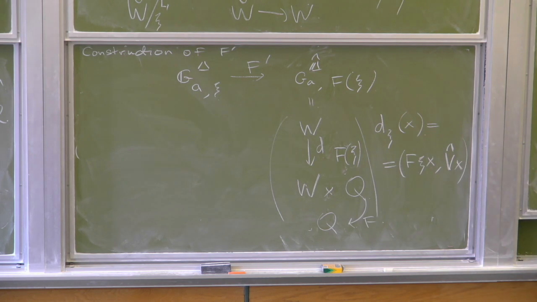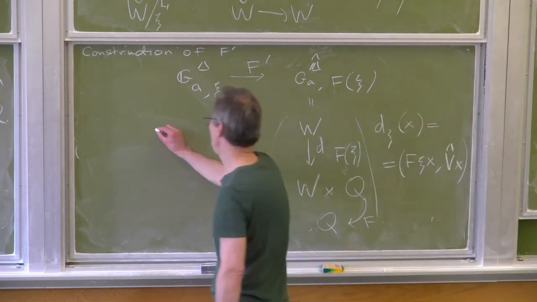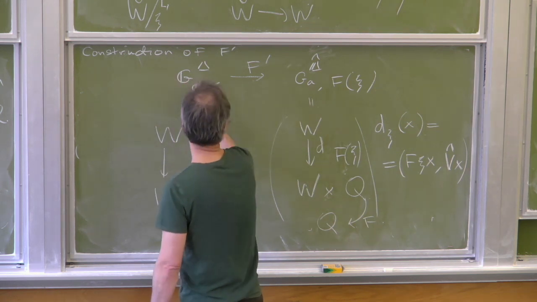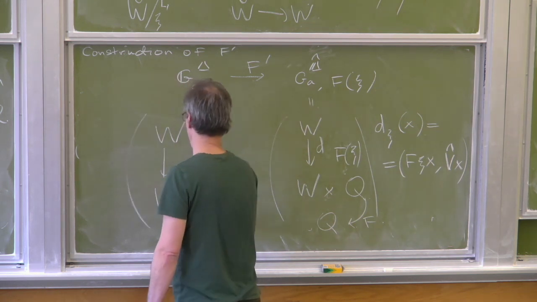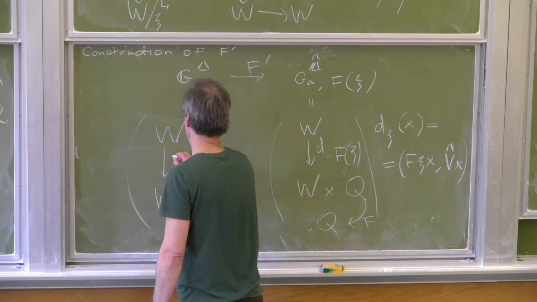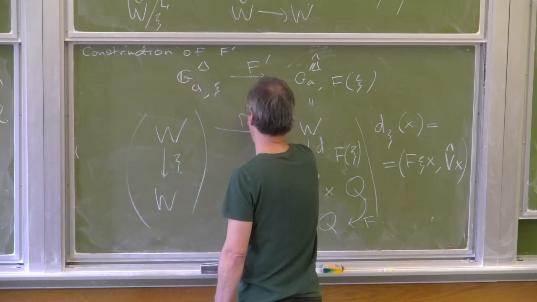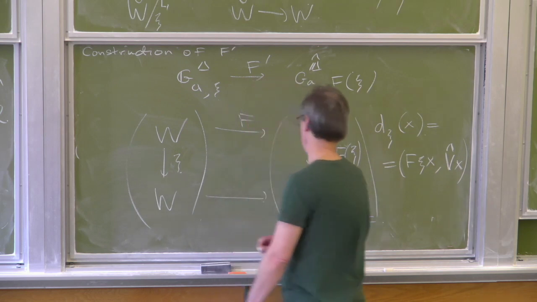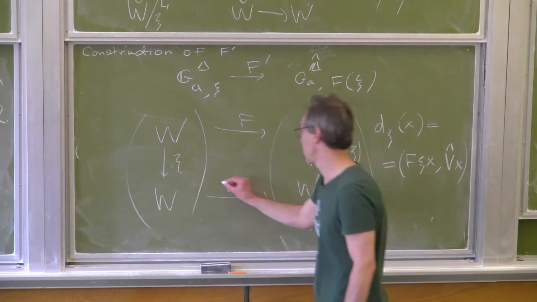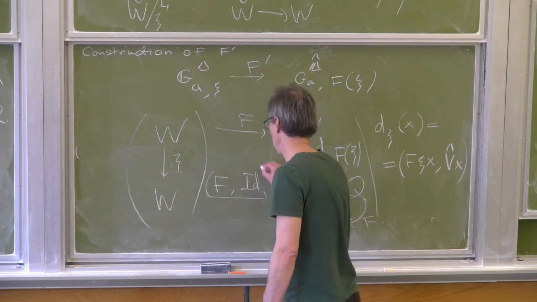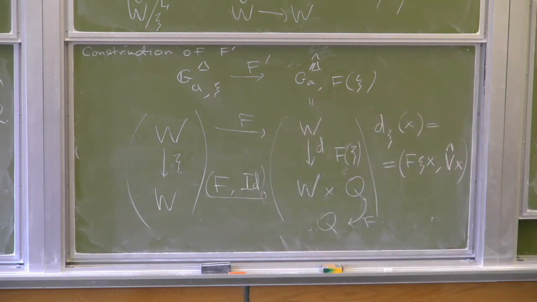And then my goal is to produce a map, well, I will define this map. It will actually be given by a map of quasi-ideal pairs. So, namely, this is F, and the second coordinate is I believe that everything is.